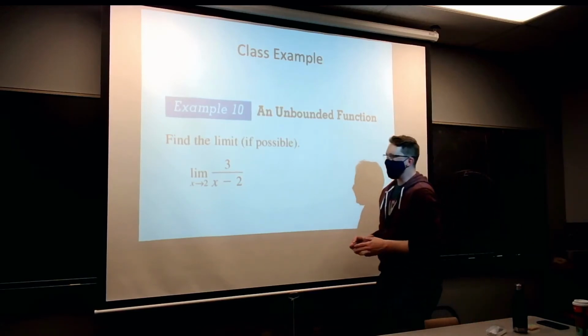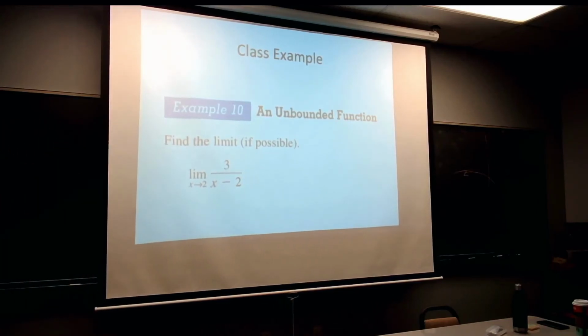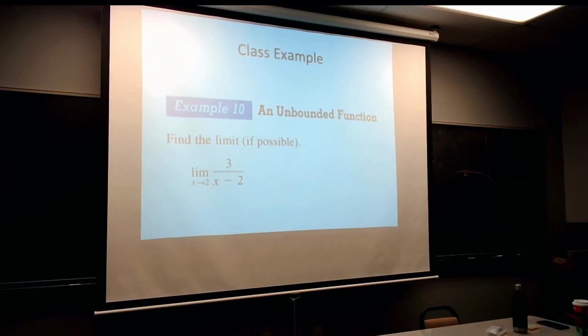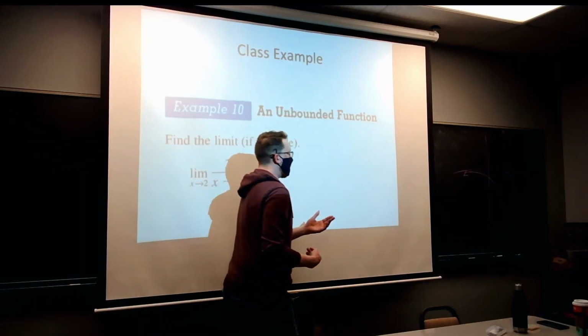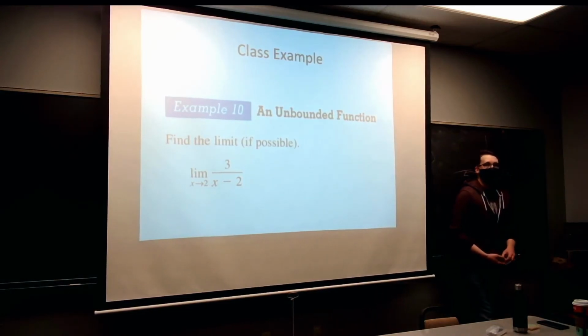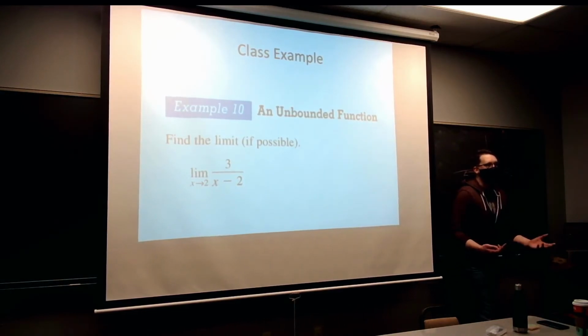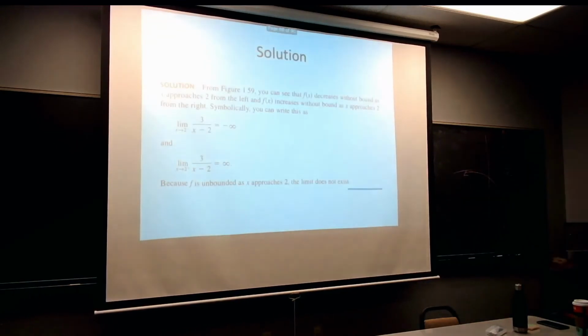Approaching 2 from the right, we're just going to get really close to infinity, right? Like if we could be Chuck Norris and reach infinity, we would reach it. And coming at it from the left, it's going to be negative infinity. We don't agree. So we would say that the limit does not exist.